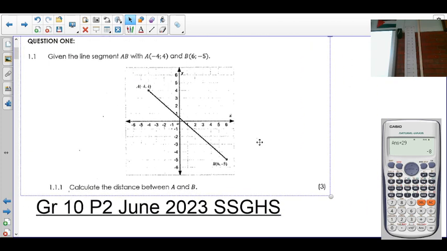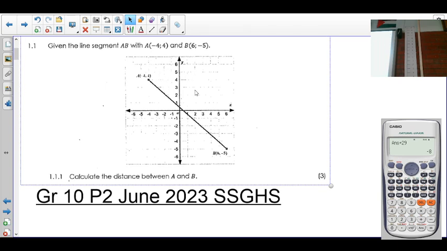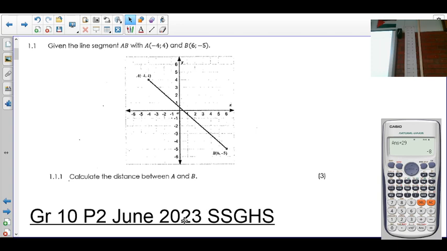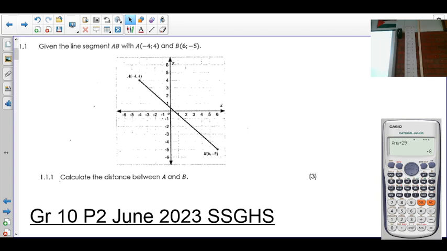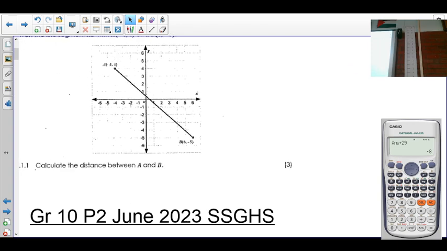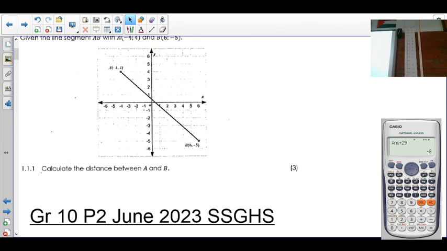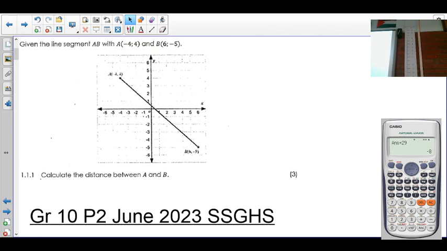Alright. So given the line segment AB with A being (-4; 4) and B which is (6; -5). The question says calculate the distance between A and B. So 1.1.1.